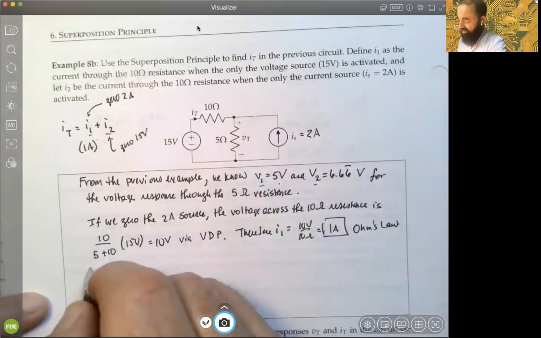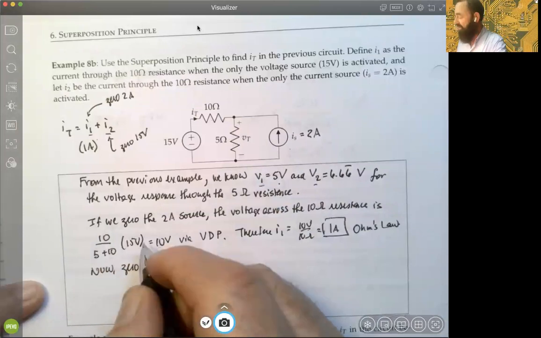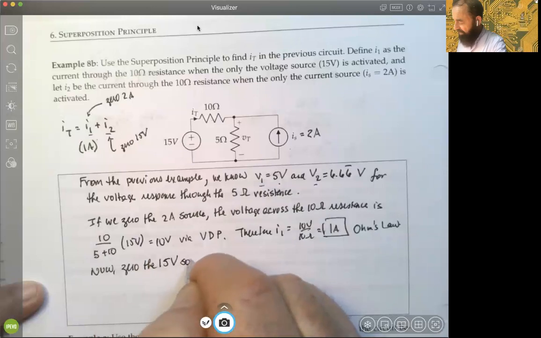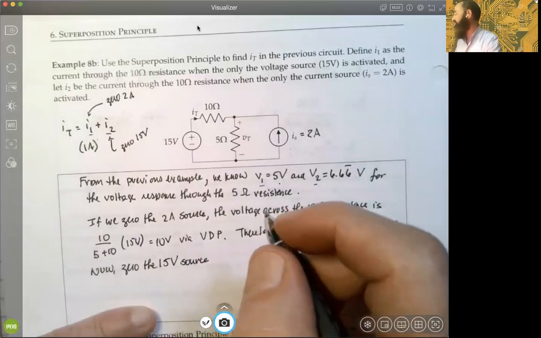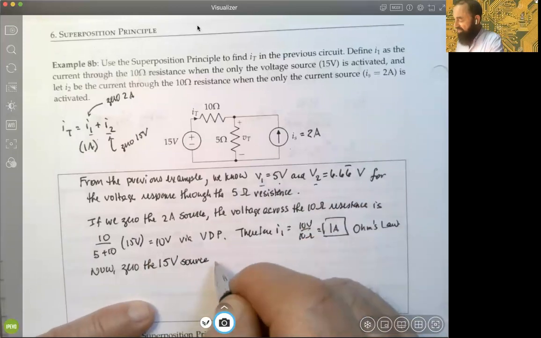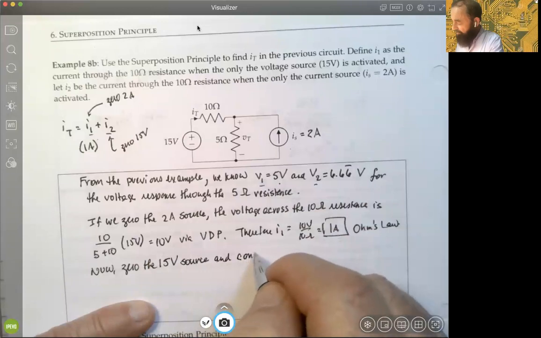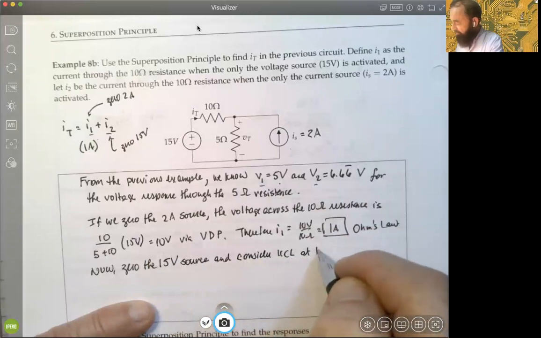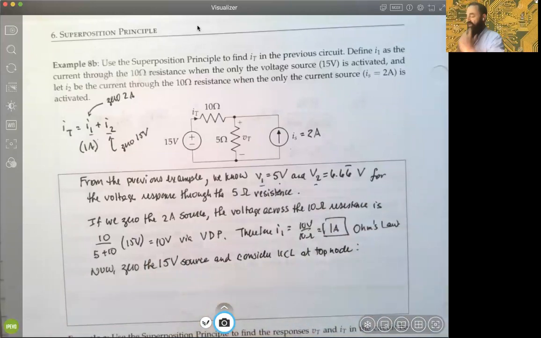So now let's zero the 15 volt source. Again, we can kind of logically do this, but we'll go ahead and draw this one maybe to help out. We'll zero the 15 source and consider KCL at the top node, okay? Very traditional approach.